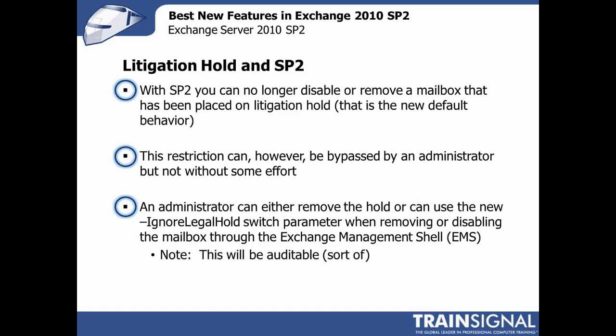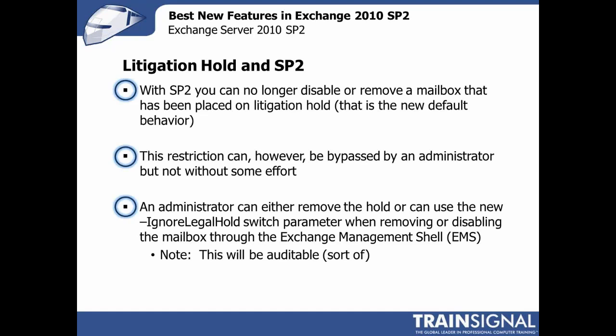But ultimately, when an administrator turns off legal hold, or when an administrator uses a parameter like this, the ignore legal hold switch, that should be auditable, and so there should be some record that they did that. And that's very important because in some environments there's one administrator, so everything that took place, that person did.